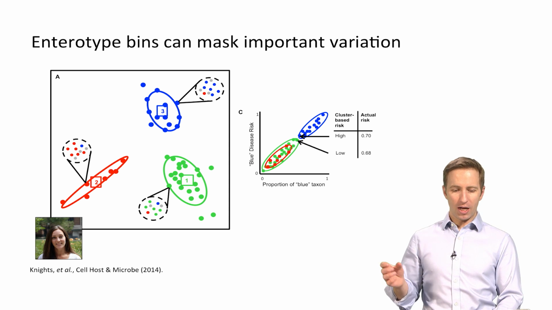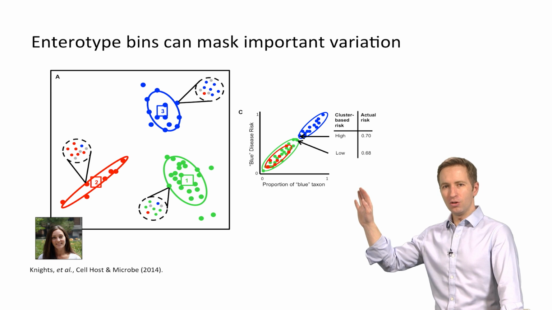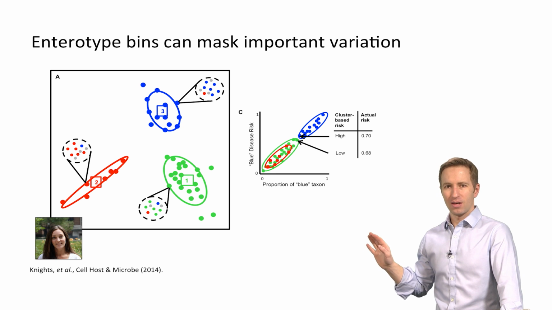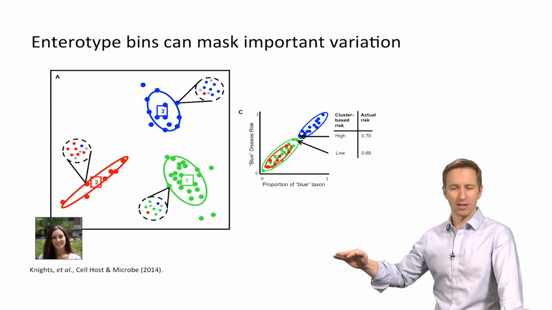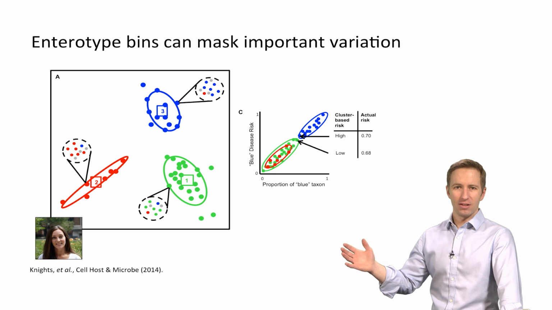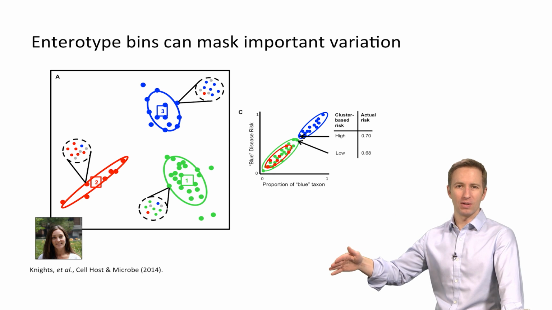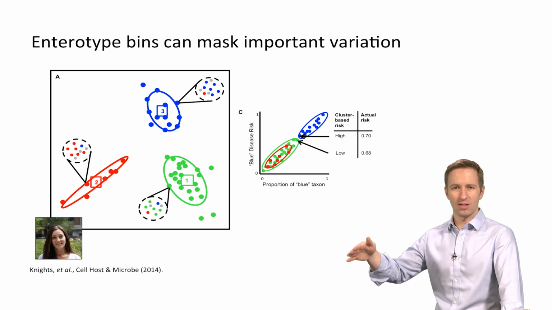So if you were to plot your blue disease risk against the fraction of blue taxon or blue species that you had in your gut, then you should have basically a continuous scatter plot here.